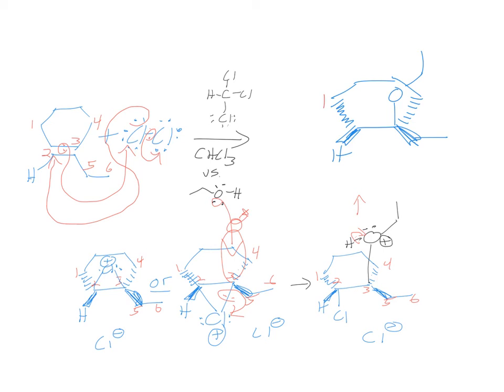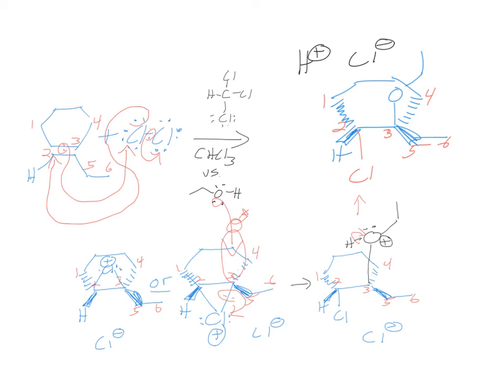Number our carbons, 1, 2, 3, 4, 5, 6. We also have the Cl right there. Notice the relationship: the chlorine and the ether, this 2 carbon piece, they're trans to each other. I need to balance my charge. What else is there? I made H plus in this final arrow, and I also had Cl minus along for the ride.